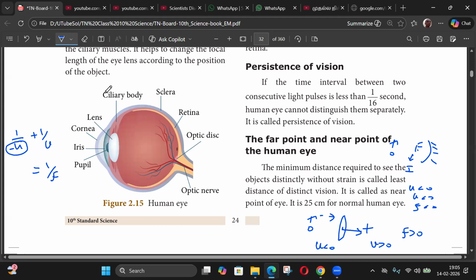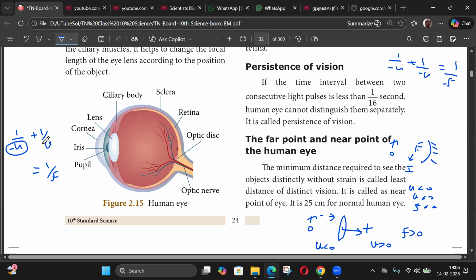To make everything positive, I write 1 by minus U plus 1 by minus V equal to 1 by minus F and cancel the negative sign throughout. We get 1 by U plus 1 by V equal to 1 by F. This way you can remember the sign. Is that clear?